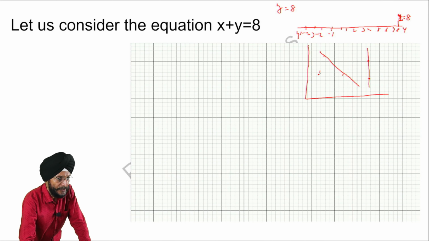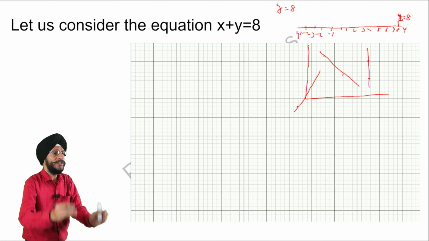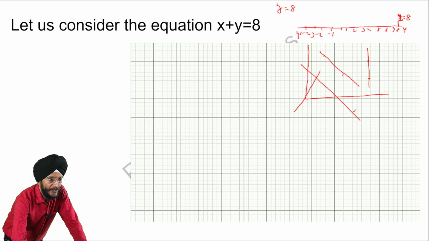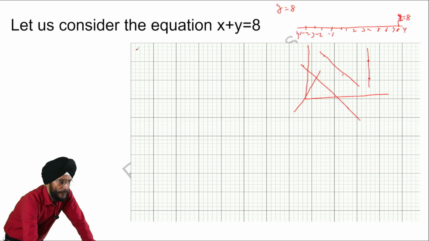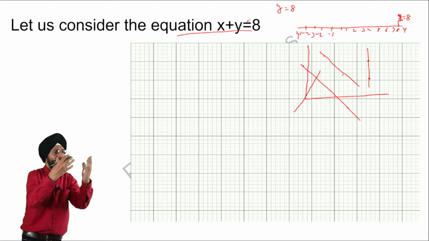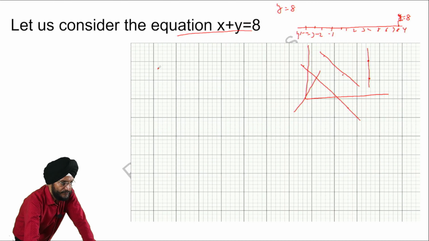It can also take this shape if the values are in negative. It can also take this shape if the values are here and here. That is, here we will solve an equation so that we can understand this.